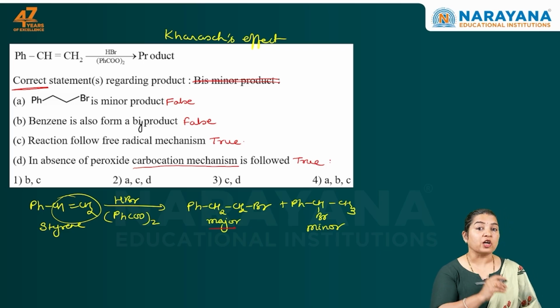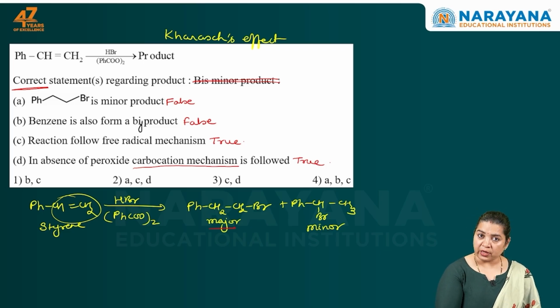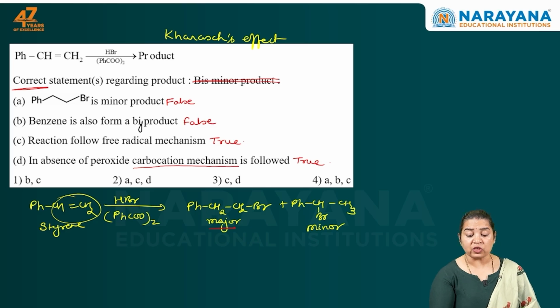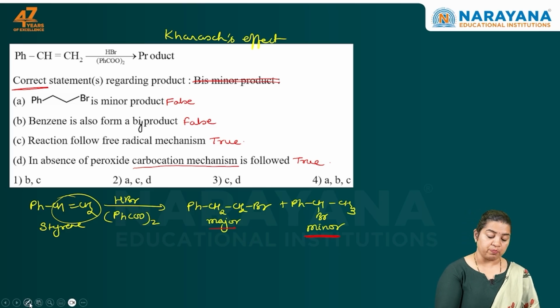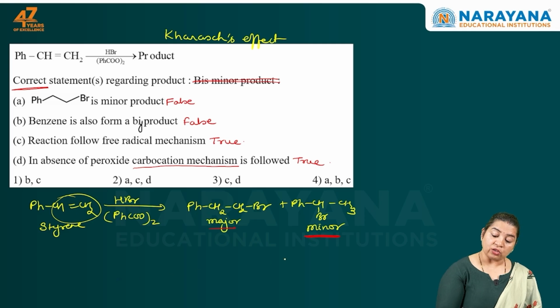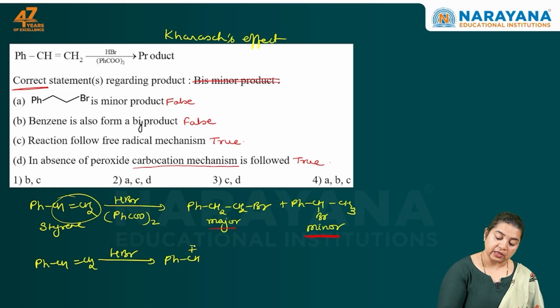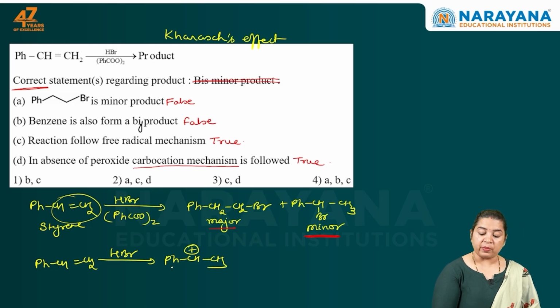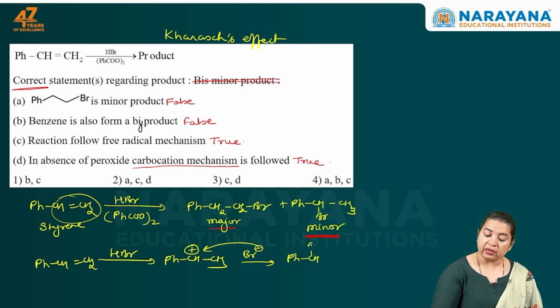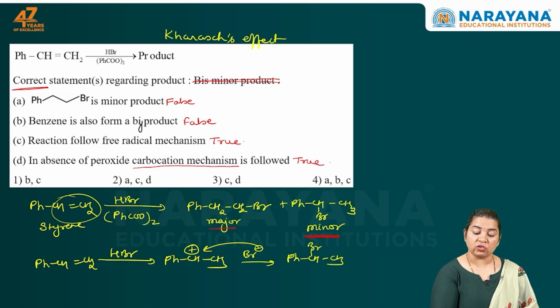Then we have Markovnikov addition of HBr, and the one which we are referring to here as minor will, under those conditions, become major. So PhCH=CH2, if peroxide was absent, 100% correct statement, then this carbocation would have been involved to form the major product, and PhCHBrCH3 is our major product formed.